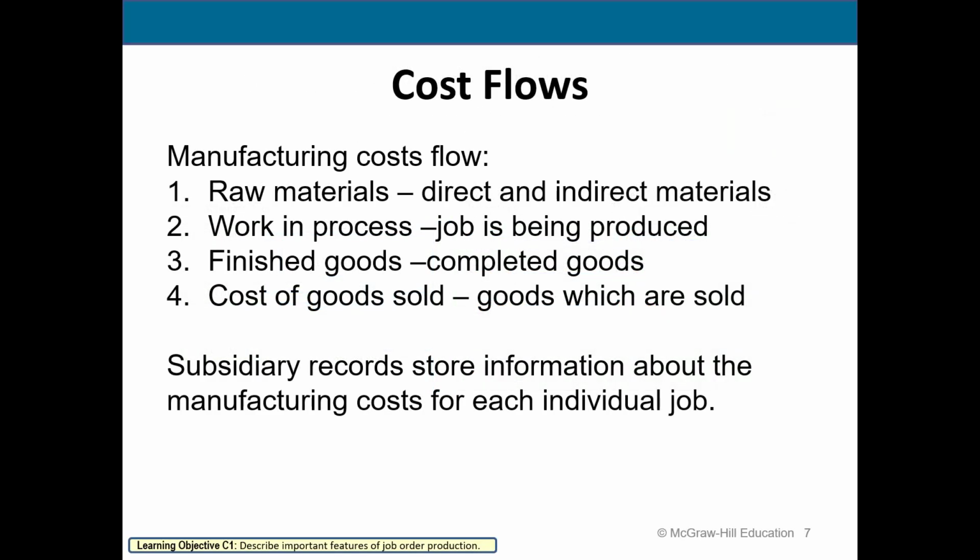So again, the manufacturing costs include the raw materials, which would include both direct and indirect materials. Work in process are the jobs that are partially completed, finished goods are the ones that are fully completed, and cost of goods sold are the ones which are sold.